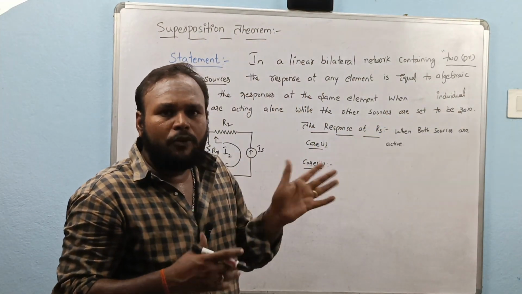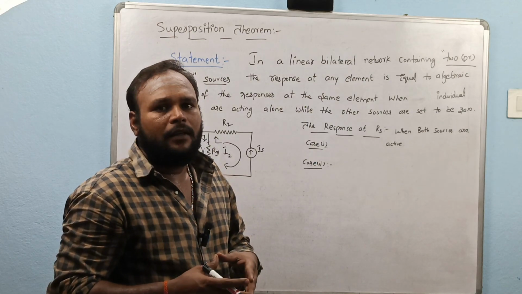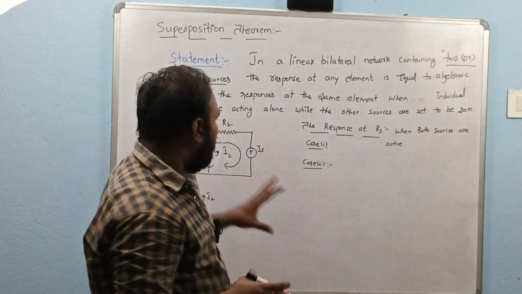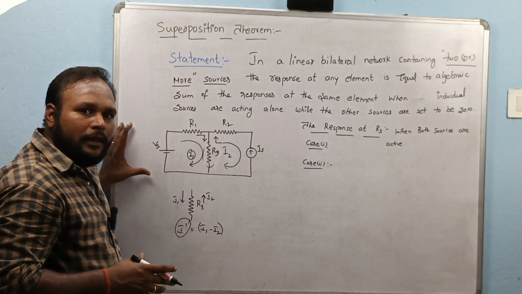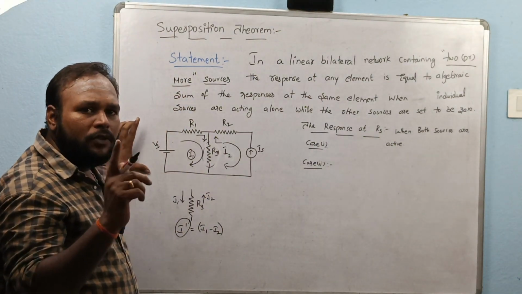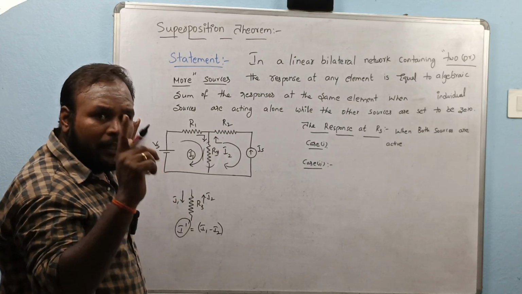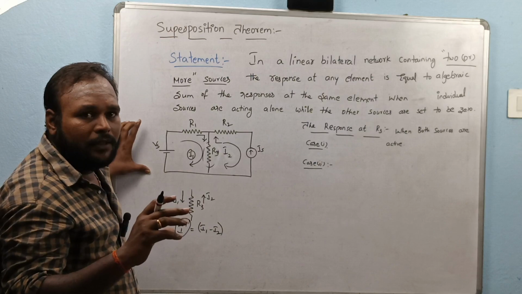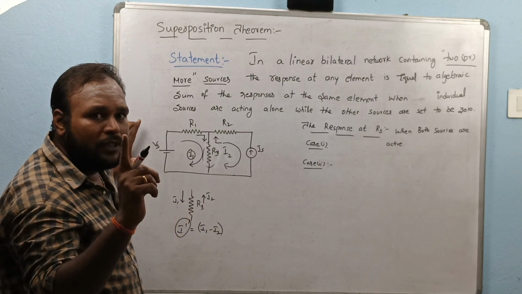So coming to the second part of this statement, we have to do two more cases for this network. We have to make only one source active and the other source 0.